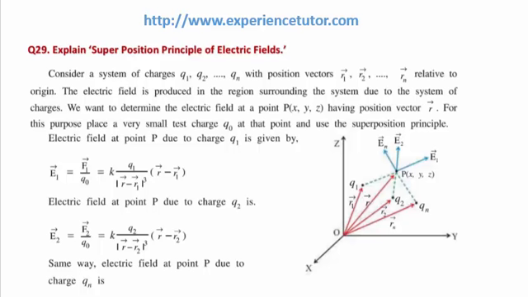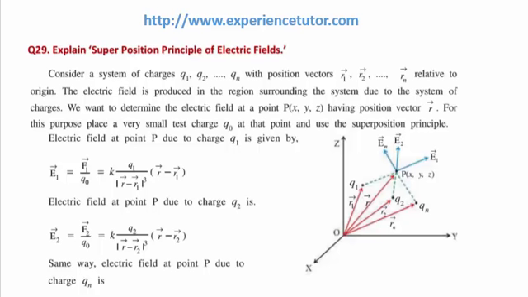Question 29. Explain superposition principle of electric fields. Consider a system of charges Q1, Q2, Qn with position vectors r1, r2, rn relative to origin. The electric field is produced in the region surrounding the system due to the system of charges.